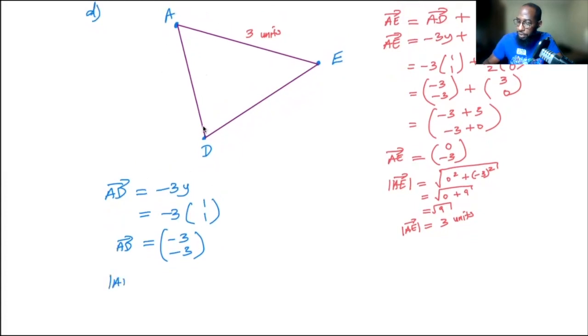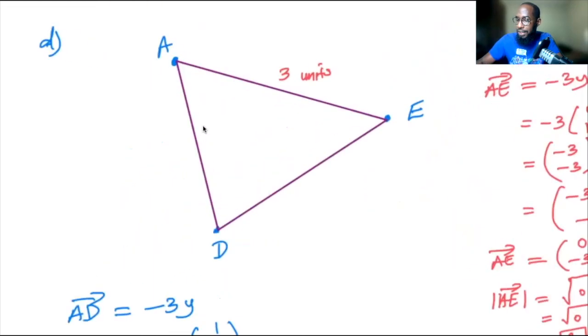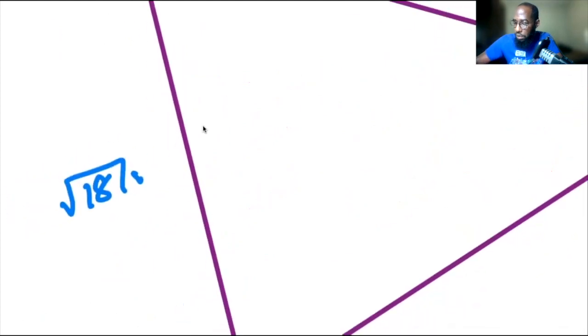So the length of AD is equal to the square root of negative 3 squared plus negative 3 squared, which is 9 plus 9, the square root of 18, root 18 units. So we know AD is root 18 units.